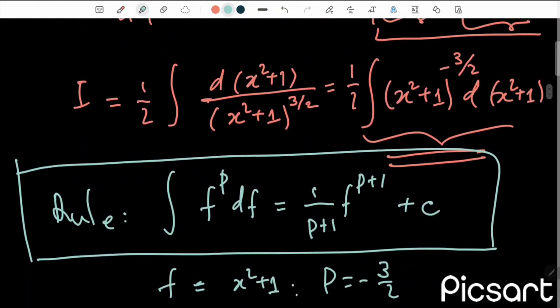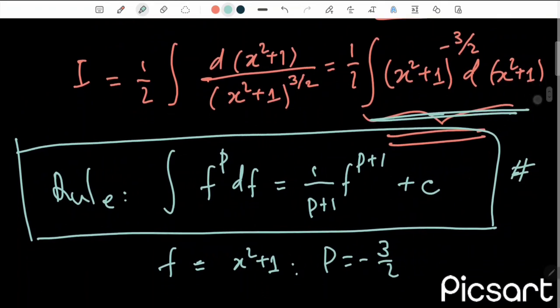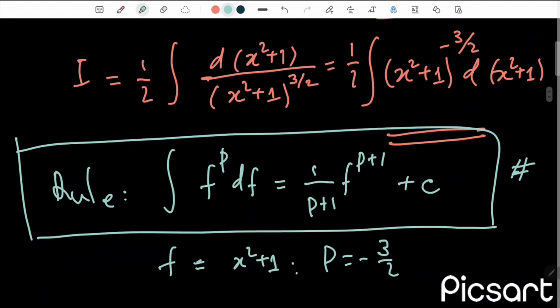Then we can apply this rule to solve this exercise.